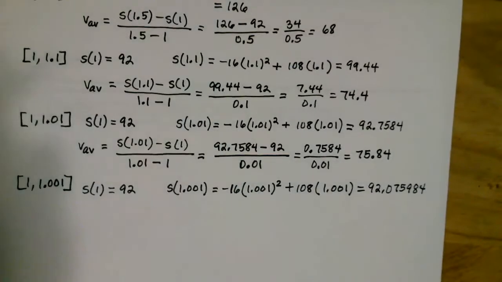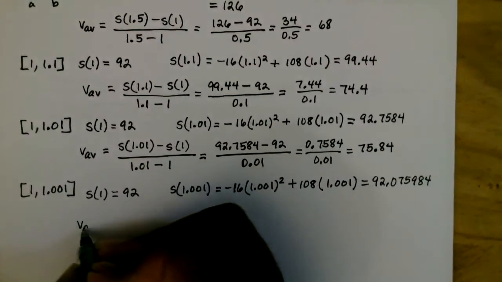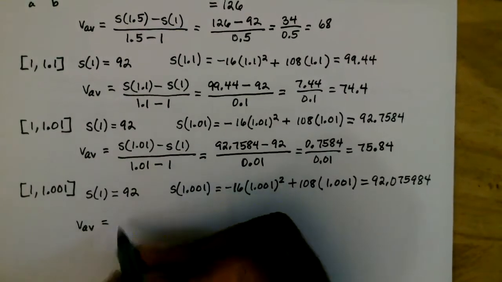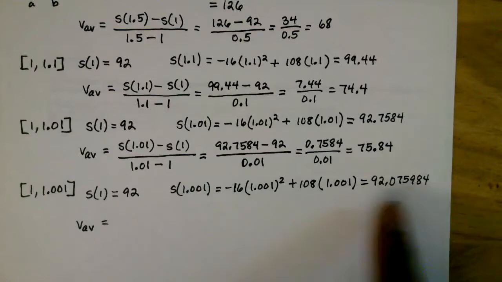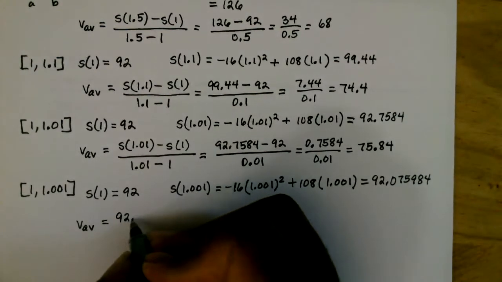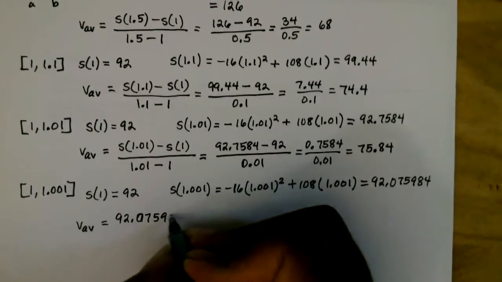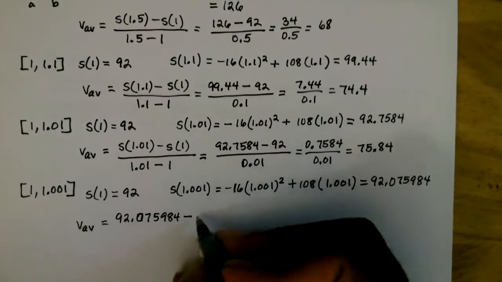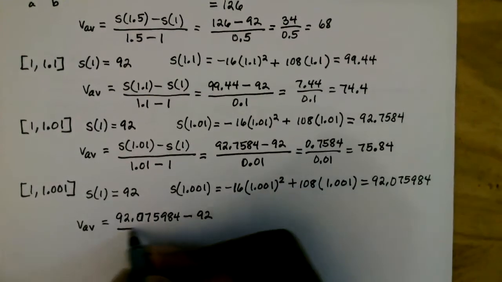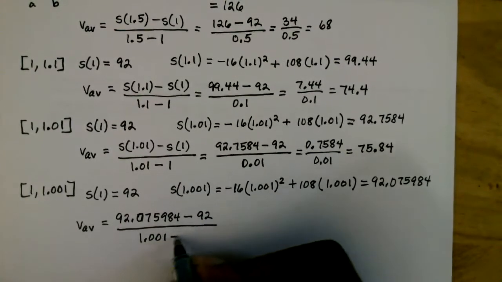All right. And now for the average velocity, that's going to be S of 1.001. That's going to be that number, 92.075984, minus S of 1, that's 92, divided by 1.001 minus 1.